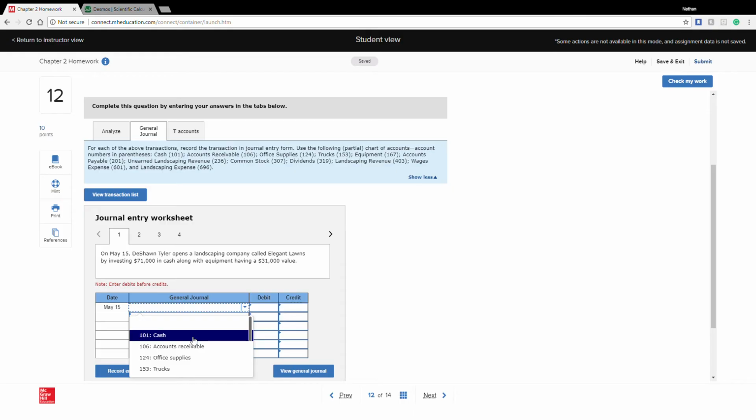One was the cash, and the other one was equipment. So again, we put in our 71,000. We put in our 31,000. And lastly, we always trade it in for common stock because it's the owner investing into the company, so they get stock for it, of the 102,000.